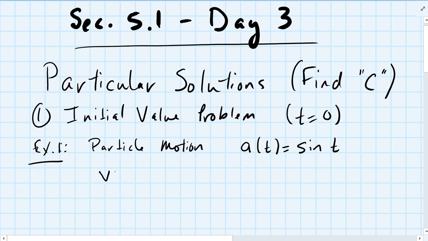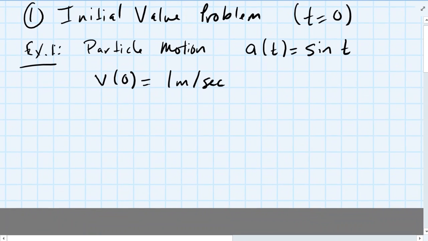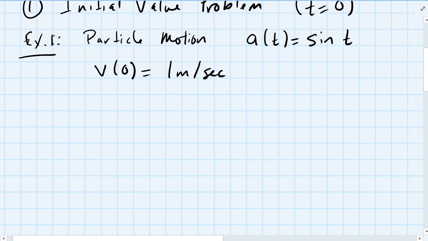So our initial velocity, which means the time is 0, in this case is 1 meter per second. And they tell us an initial position is 6 meters. So x of 0 is 6 meters because we're only doing one-dimensional motion. That's all we do in here. We do two-dimensional in second semester.